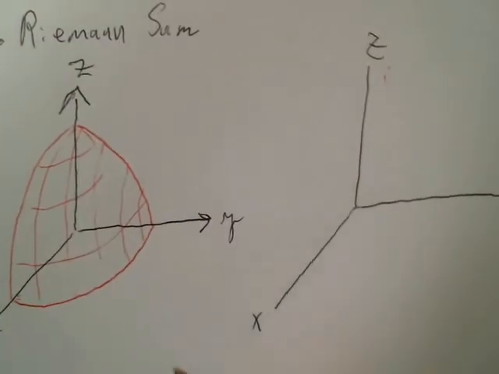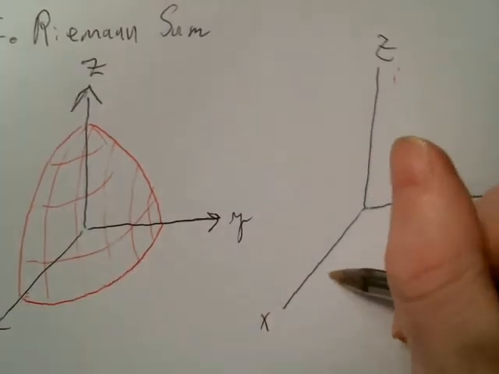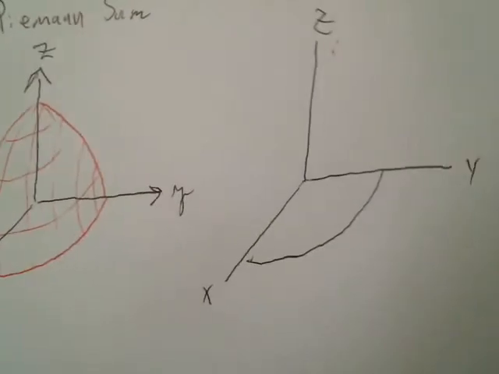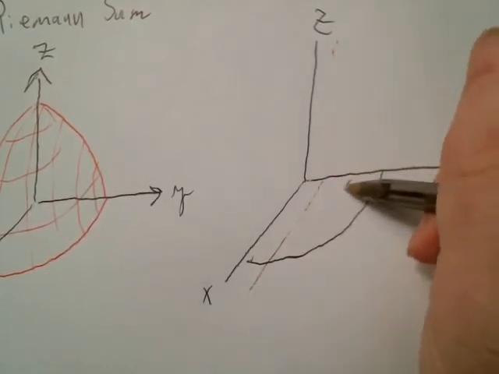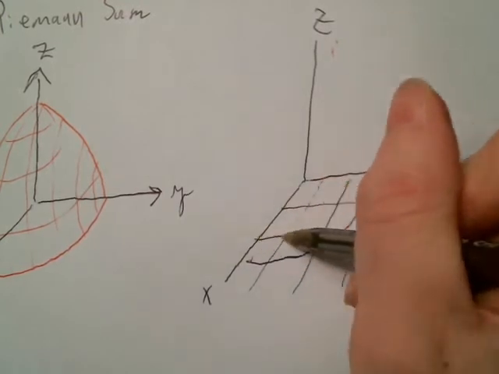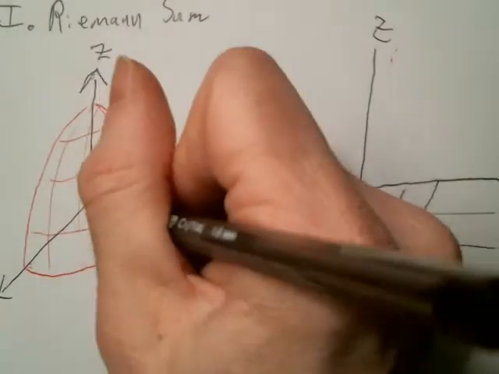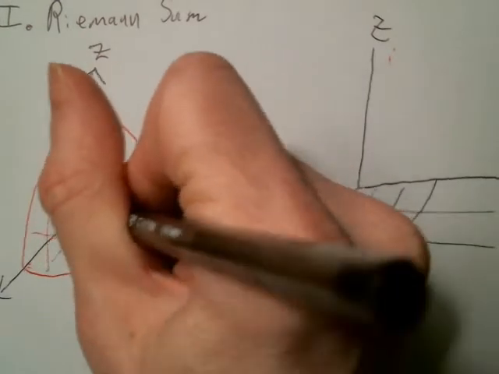In particular, I want to zoom in on this region in the xy plane. Let's see if I can reproduce it over here, and I'm going to chop it up into a bunch of rectangles. That corresponds to chopping up this region into a bunch of rectangles.